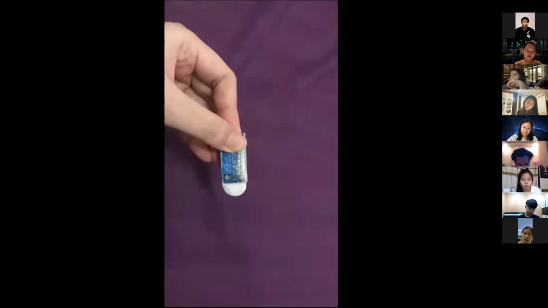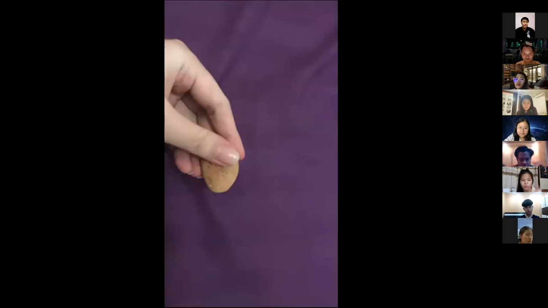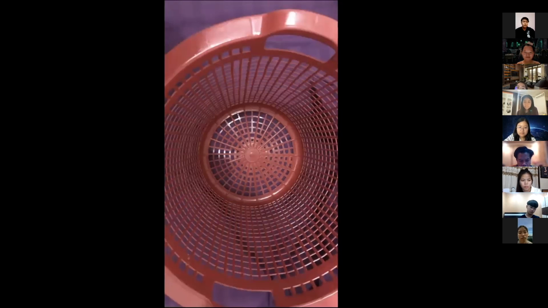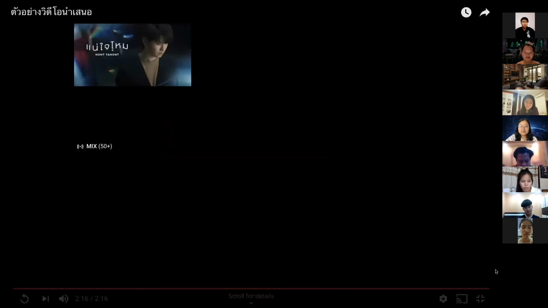The state of matter is solid. The eighth item is ruler. The state of matter is solid. The ninth item is rock. The state of matter is solid. The 10th item is bucket. The state of matter is solid, but pencil, lotion, eraser, ruler, rock, and bucket cannot change the state.